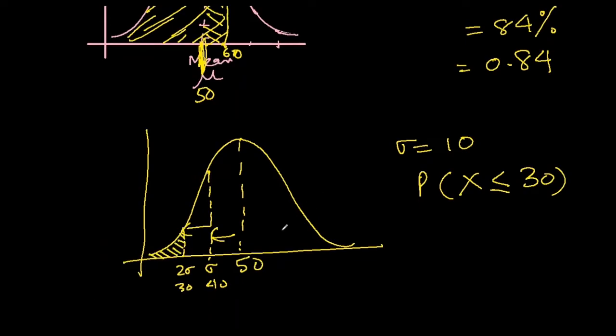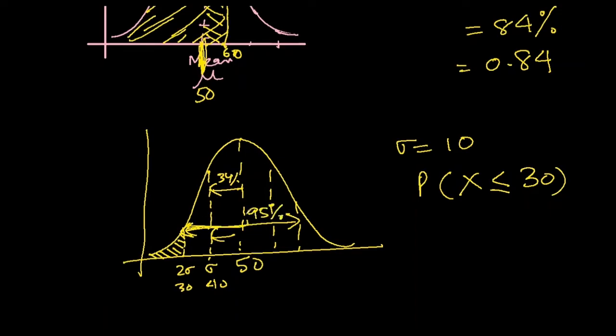We know that the first standard deviation has 34%. Second will have how much? The total is 95%. Let me tell you again, this is 2 up and 2 down. We learned that from here to here it's 95%. Yes or no?